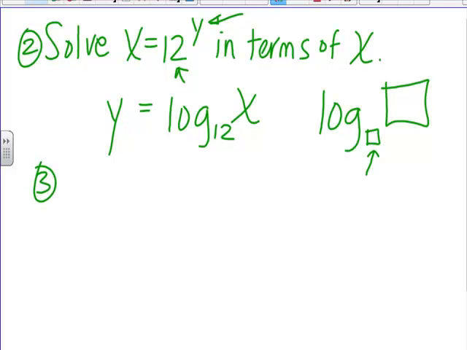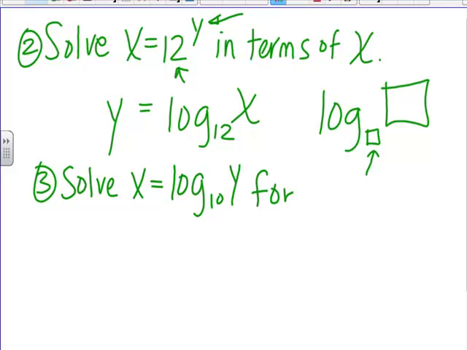Okay, one last problem. Solve x equals log base 10 of y for y in terms of x. So once again, this means we need this thing to say y equals.